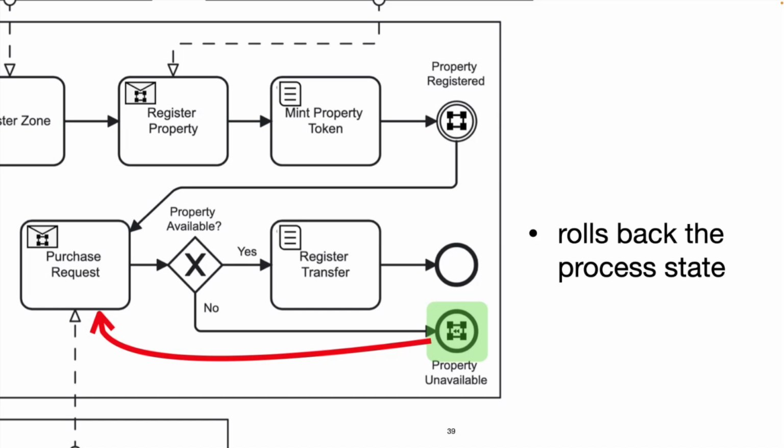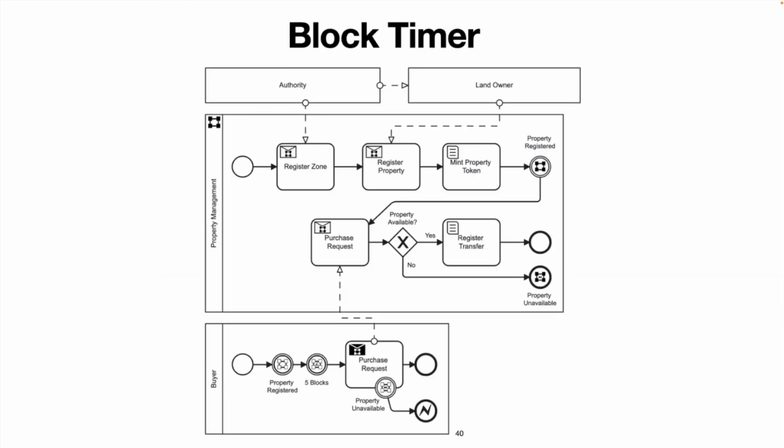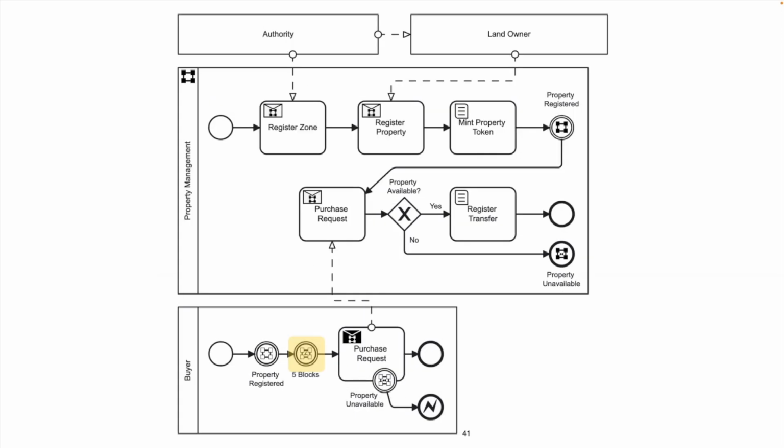Also, not only the data, but also the control for the entire process. So we're back to the point of purchase request. And the buyer is also informed by this, and they can compensate in a custom way off-chain. In this case, they just throw an error. They don't react on-chain.